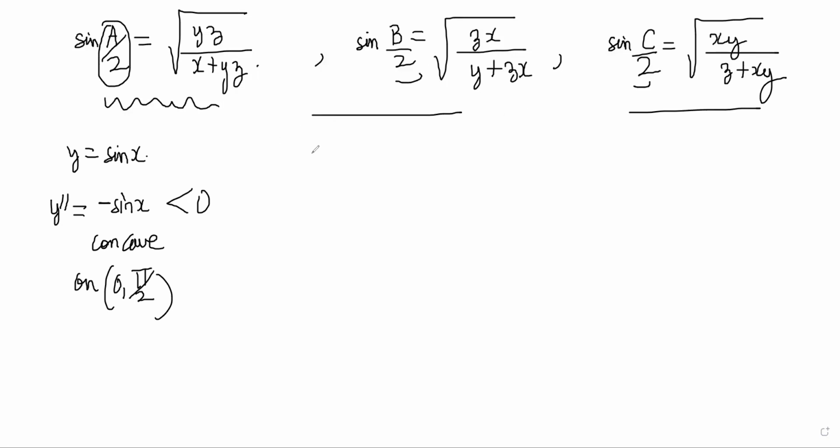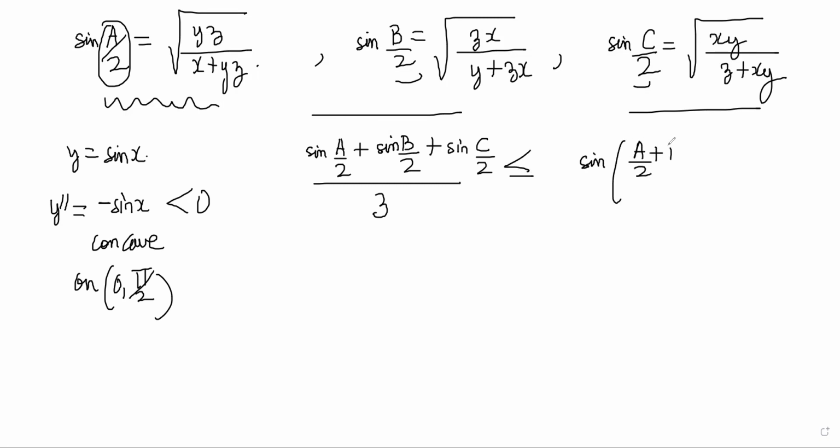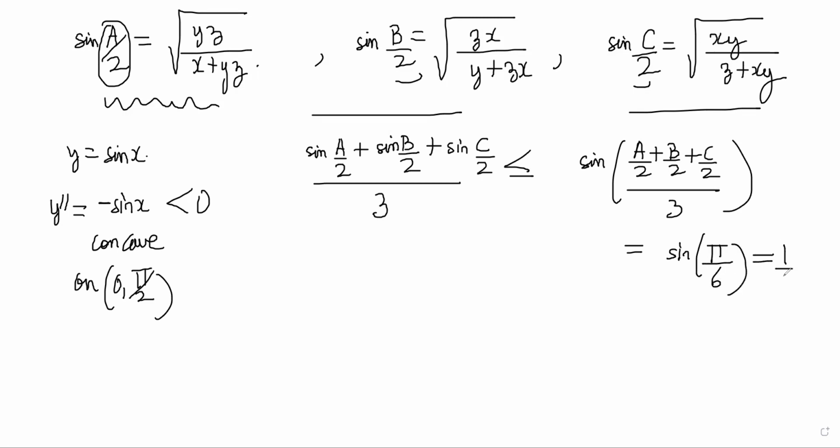So we can say for a concave function, sine of A by 2 plus sine of B by 2 plus sine of C by 2, divided by 3, will be less than equal to sine of A by 2 plus B by 2 plus C by 2, divided by 3, right? Which is equal to sine of pi by 6, which is equal to basically half.